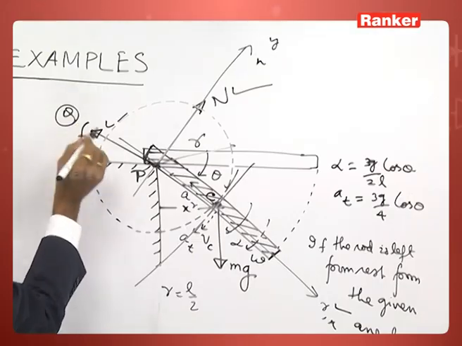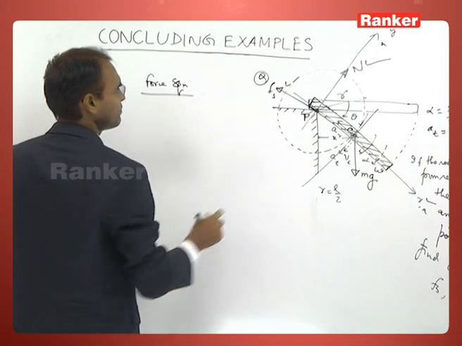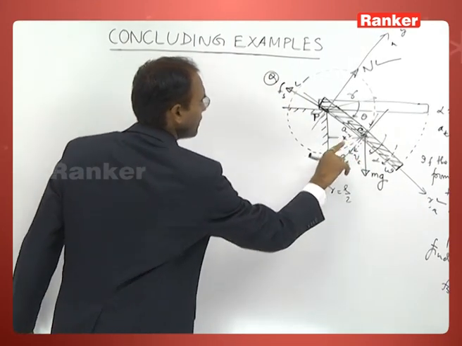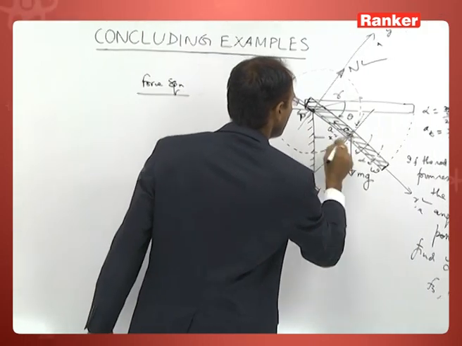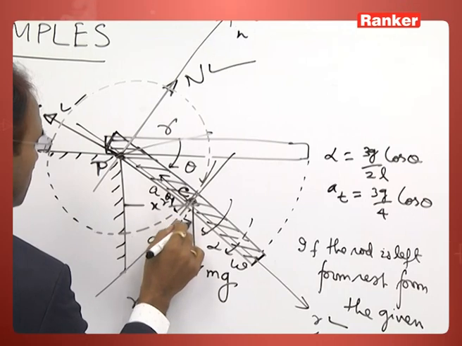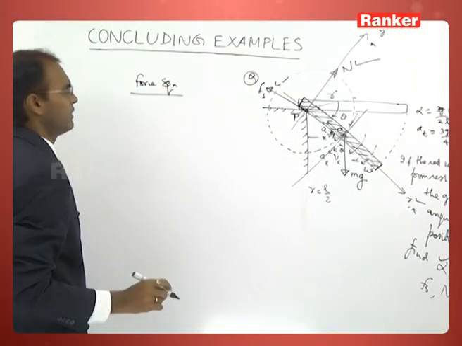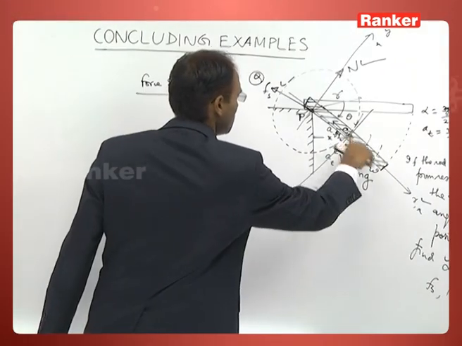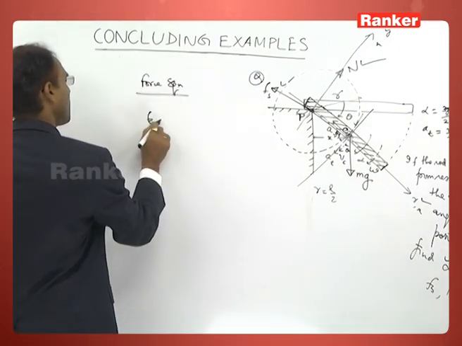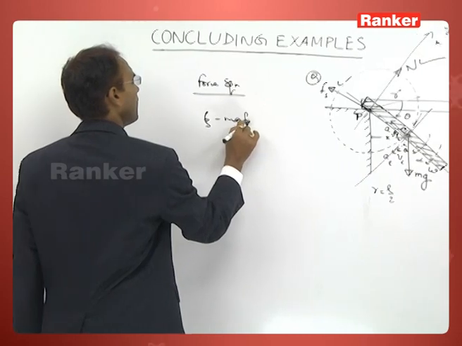So this is the static force of friction. Force of static friction is Fs, and mg, if this is theta, this will be theta, this plus this 90. So this will be mg sin theta. So Fs minus mg sin theta.